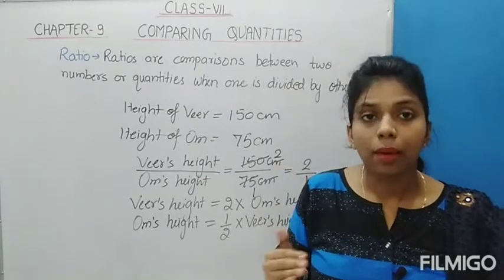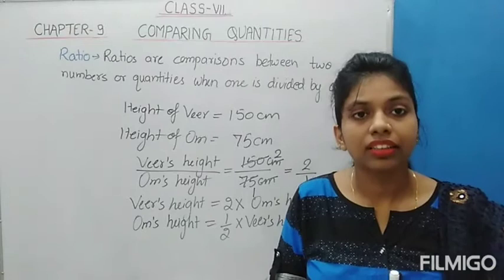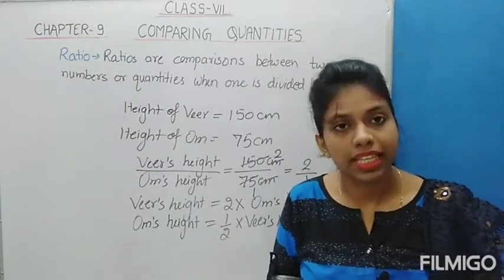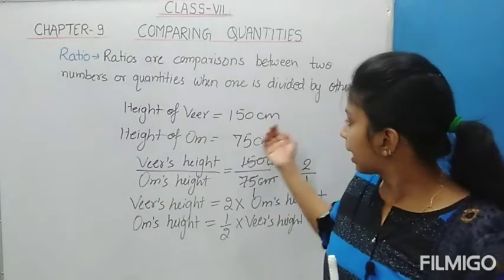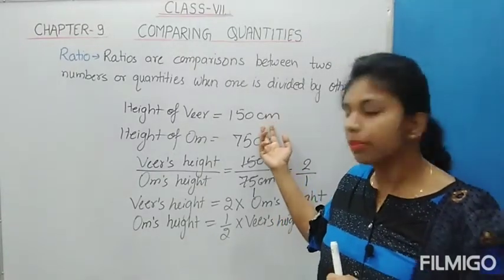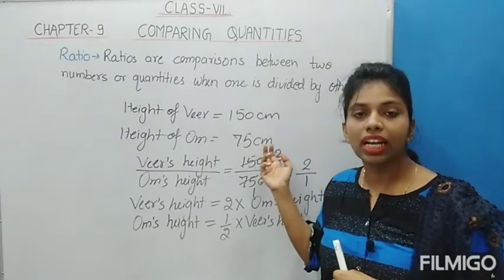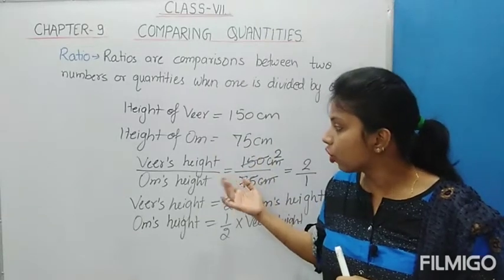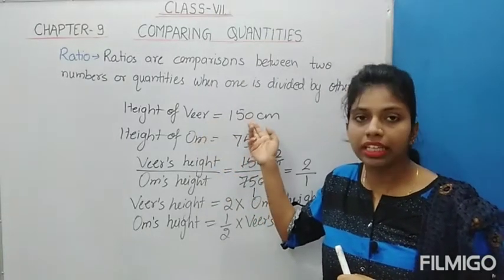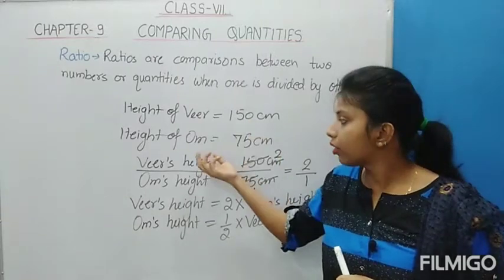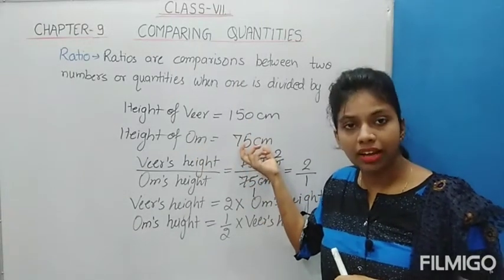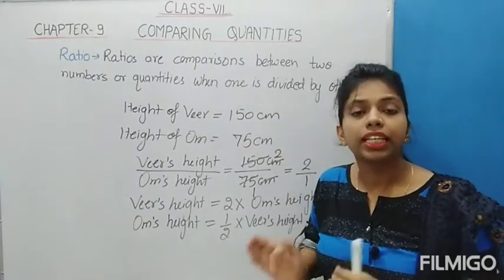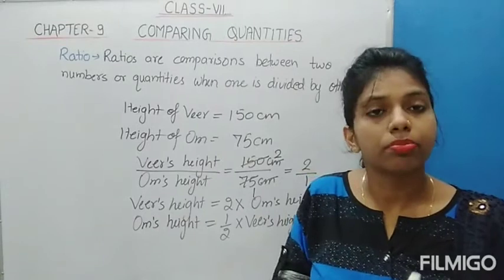So for comparison, it is necessary that the unit of the quantities must be the same. We can compare centimeter with centimeter only. It's not possible to get the ratio if Veer's height is given in millimeter and Om's height is given in centimeter. So for comparison, the unit must be the same.